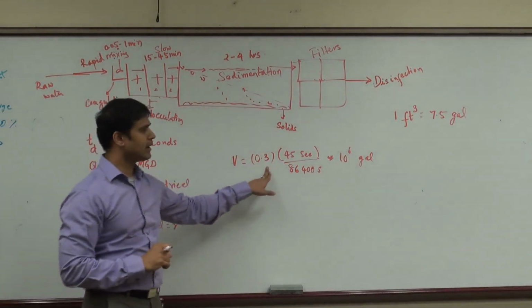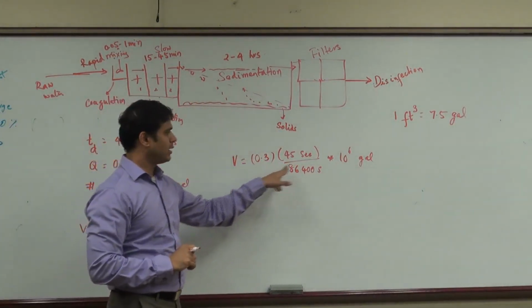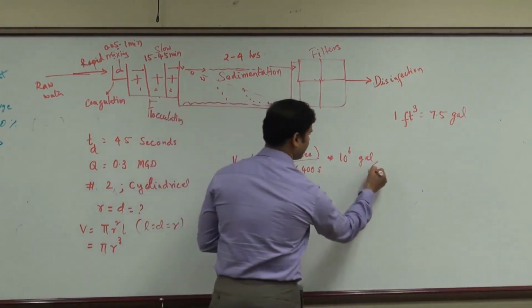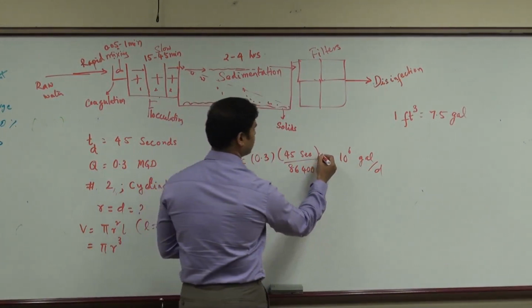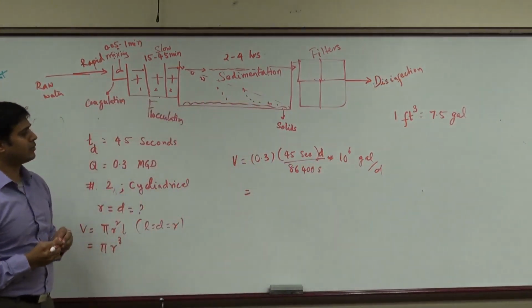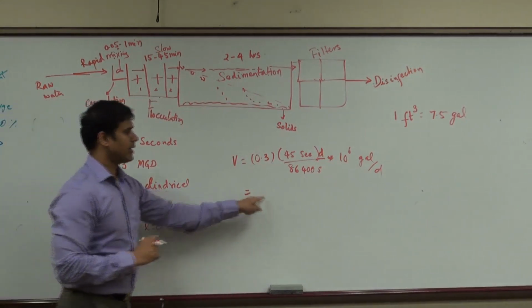This is in million gallons per day. That's why I put it as 10 to the power 6 gallons. That's per day, so for that reason, per day you have 86,400 seconds. So everything will get cancelled. You get your answer in gallons.